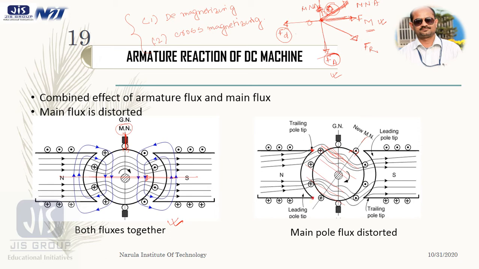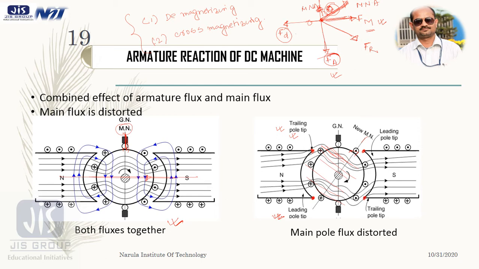In the direction of rotation of the armature, the pole tip it encounters first is known as the leading pole tip, and the one next to it is called the trailing pole tip. The armature is rotating in the clockwise direction, so this pole tip is encountered first. This is the leading pole tip, and the one encountered second is the trailing pole tip. Similarly, in the rotation, this is the leading pole tip and this is the trailing pole tip.